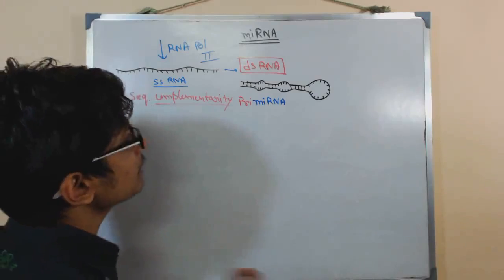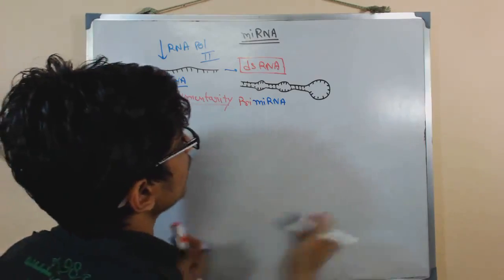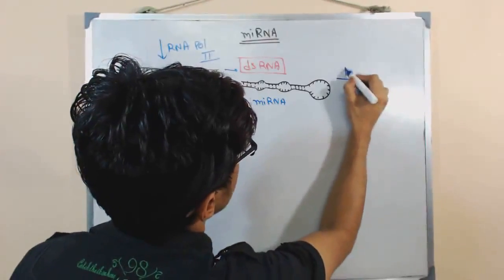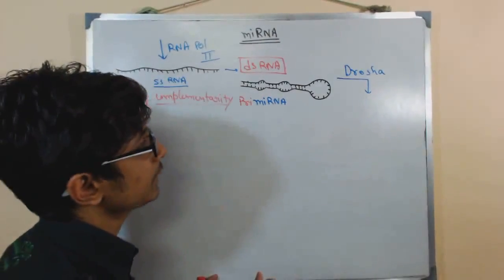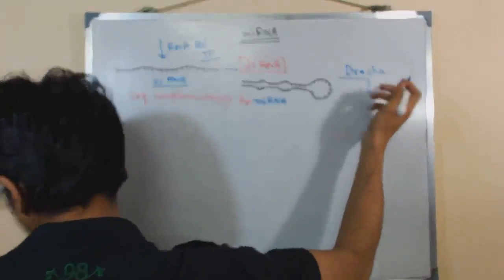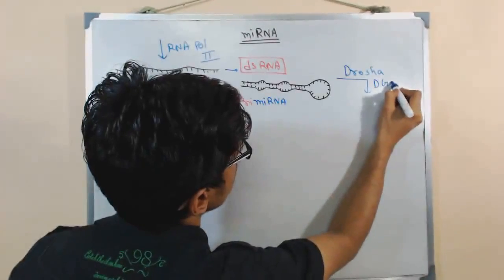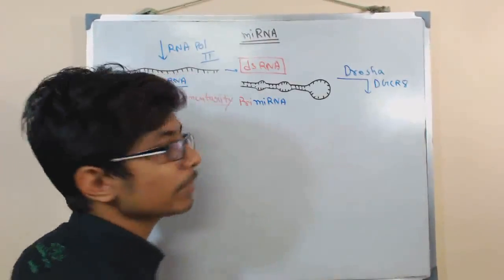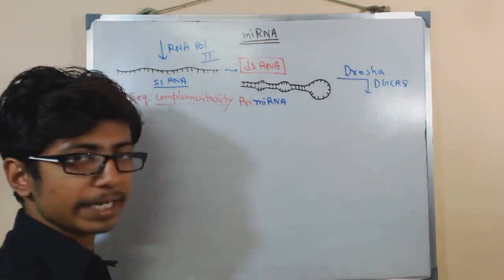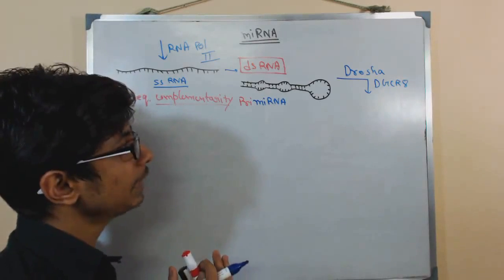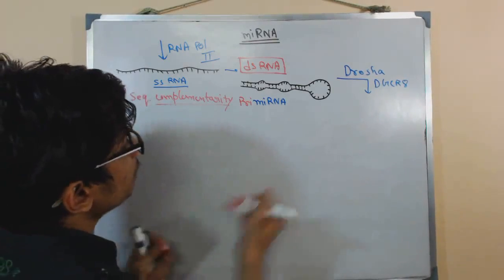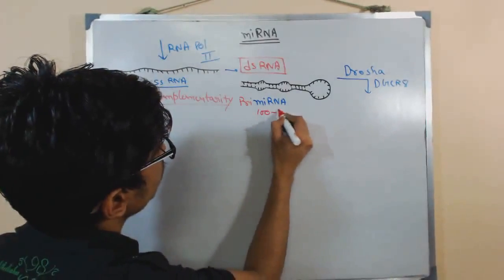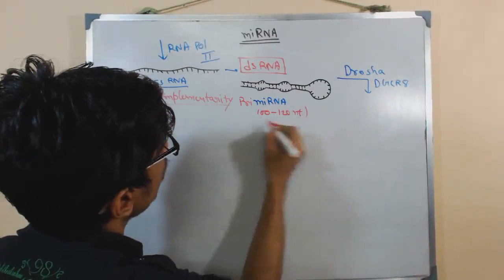And there is an enzyme inside the nucleus called Drosha. It is D-R-O-S-H-A, Drosha. So the Drosha and its partner DGCR8, this is another protein. Drosha and DGCR8 combine together and they act on this miRNA. And remember, these miRNAs are about 100 to 120 nucleotides long.